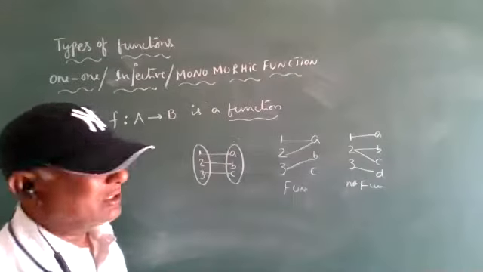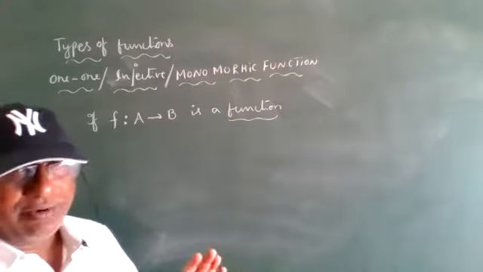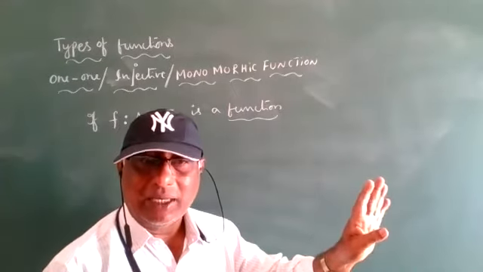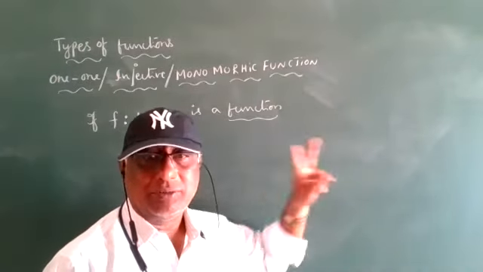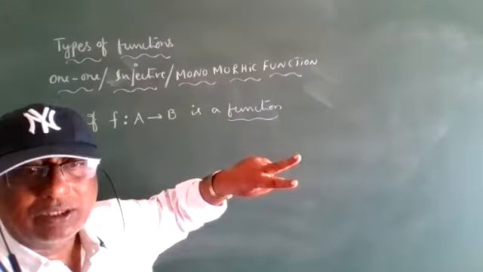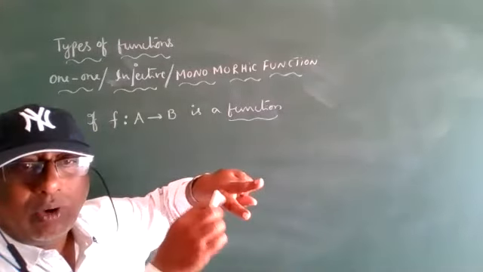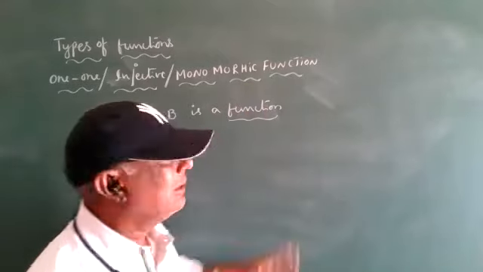Then it is a function. That is the only point you should remember. If it is a function, every element of set A has images, and two images never have one pre-image. That's enough.